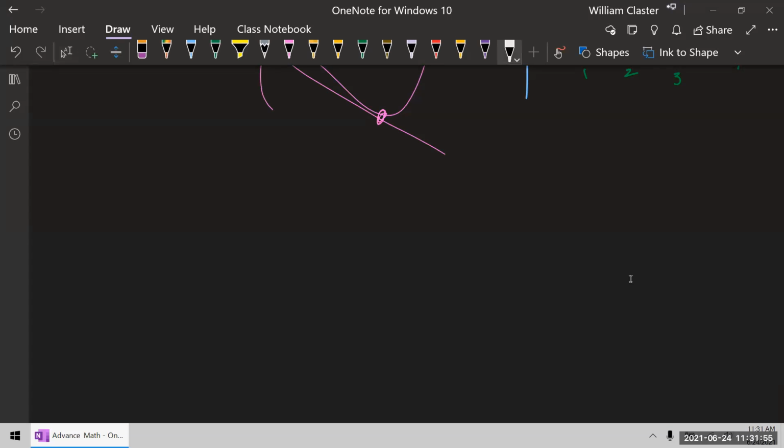So if we go back to y equals x squared, there's something called the derivative, which we can write either like this, dy over dx, or sometimes we call it just y prime.